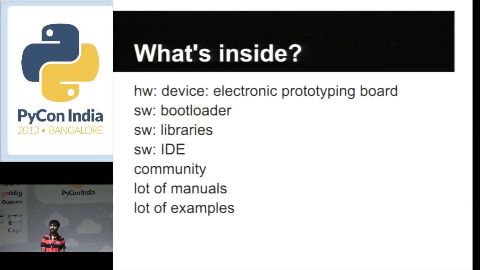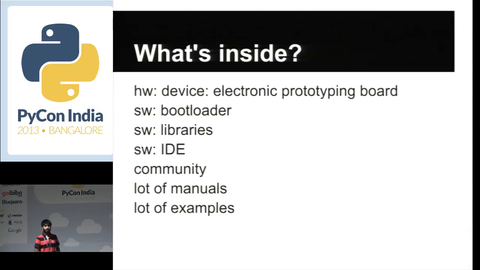Let me quickly rush you through what is there on the Arduino board. The hardware is basically the device, an electronic prototyping board. The software that comes along is a bootloader, a small piece of software that runs on the microcontroller on the Arduino board. It is something similar to an operating system, if I can call that.